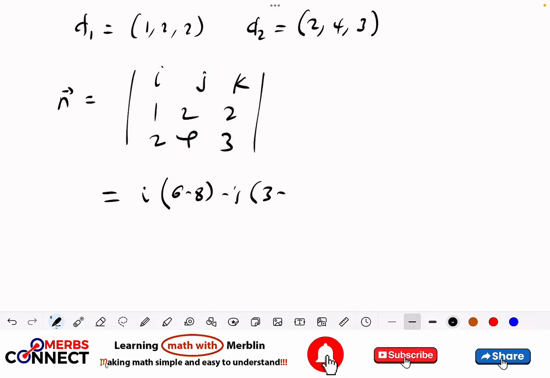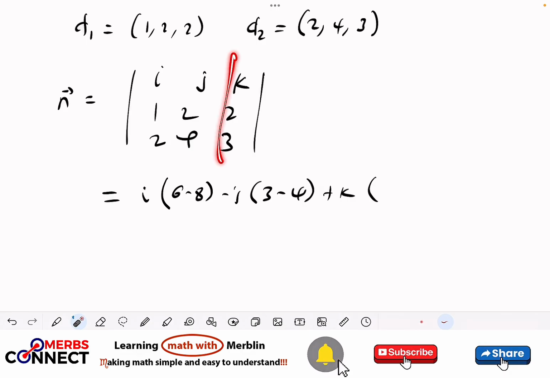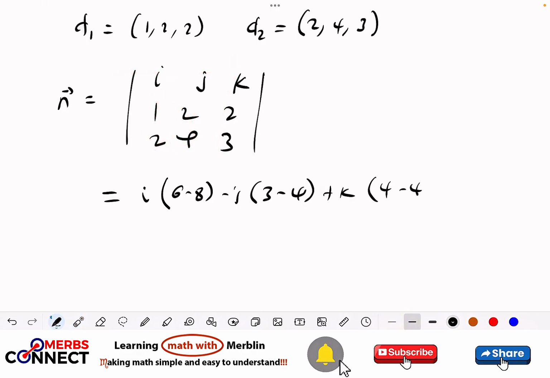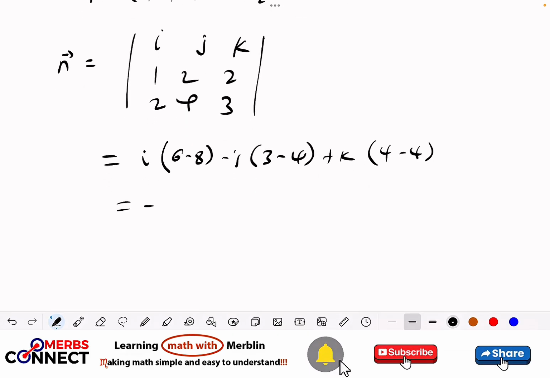Plus K, cancel this and this. 4 minus 4. So I'm going to have minus 2I plus J, K will be 0, so that place goes to 0.